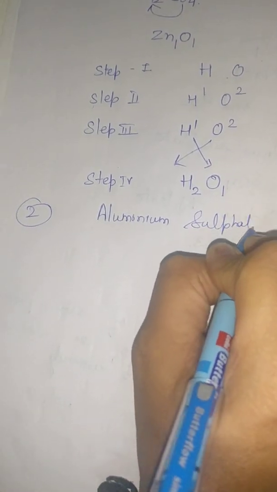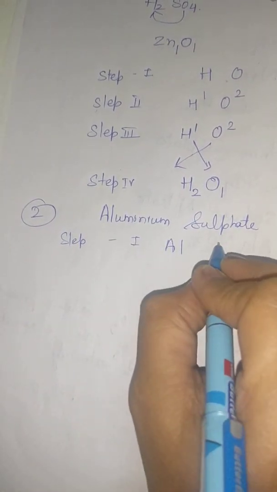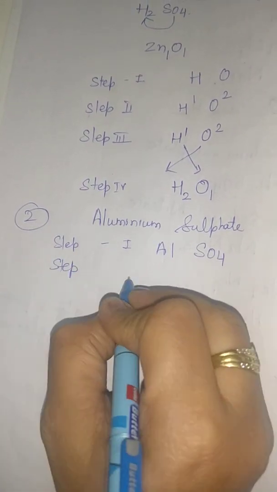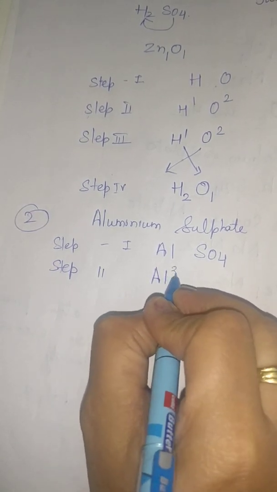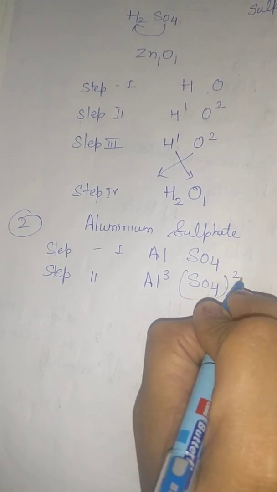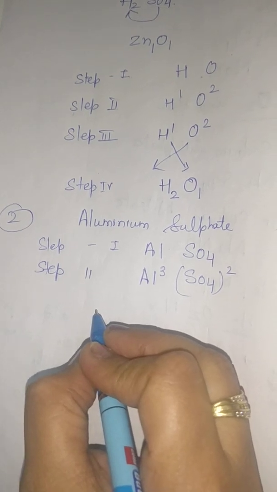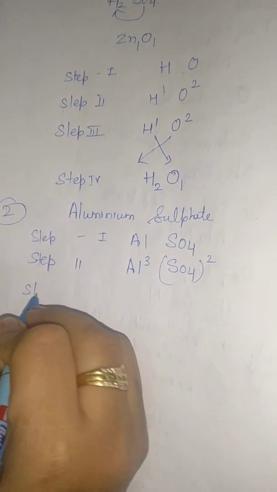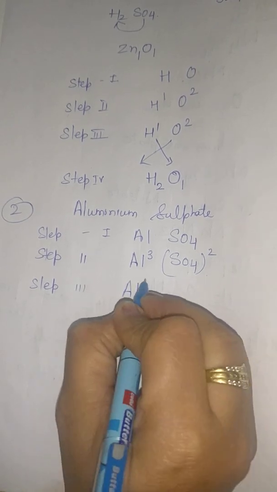In aluminium sulfate, in the first step we have to write the symbols Al and SO4. In step 2, we have to write the valencies. I have written down these valencies. For any group we use brackets. Now in step 3, interchange the valencies.